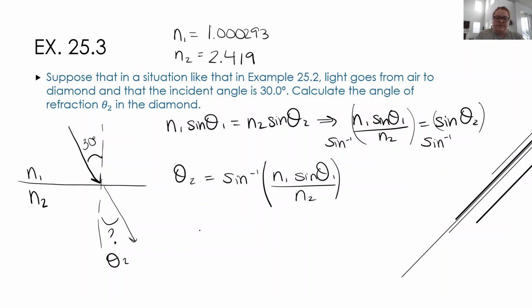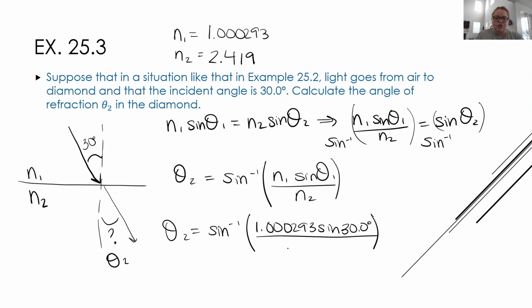So then we can plug everything in. Theta 2 is equal to sine inverse. n1 is 1.000293 sine of theta 1, which was 30 degrees. Divide that by n2, which is n of diamond.